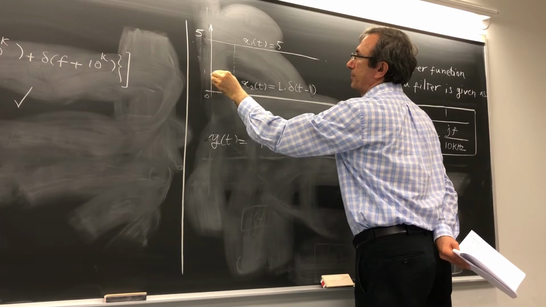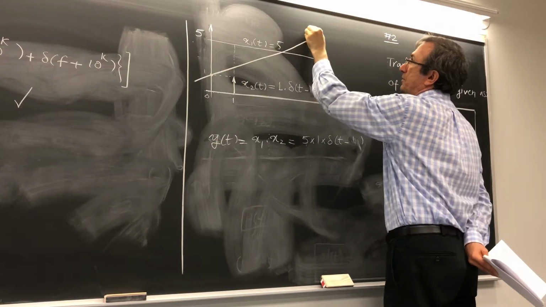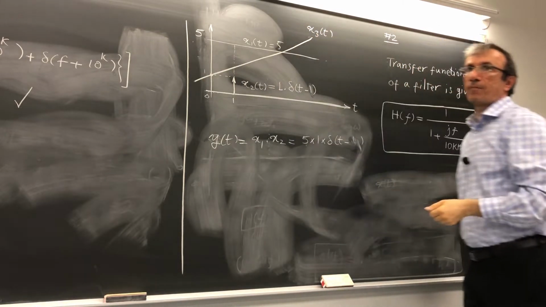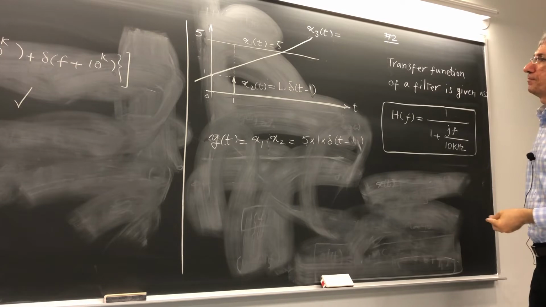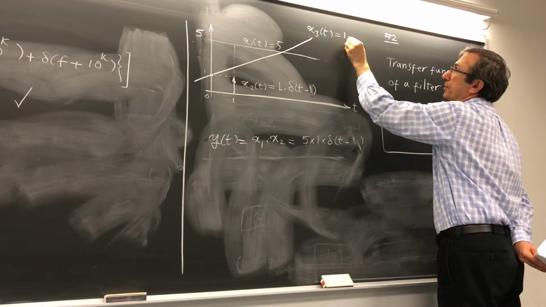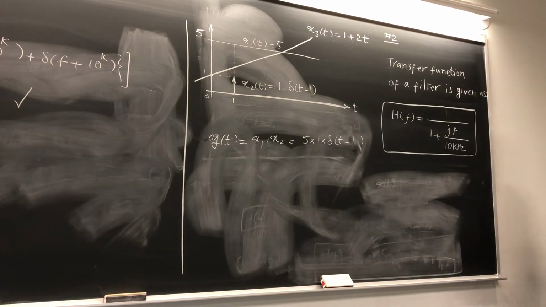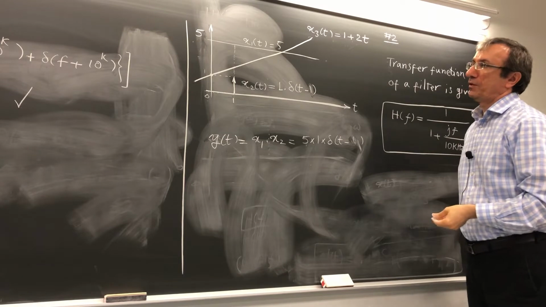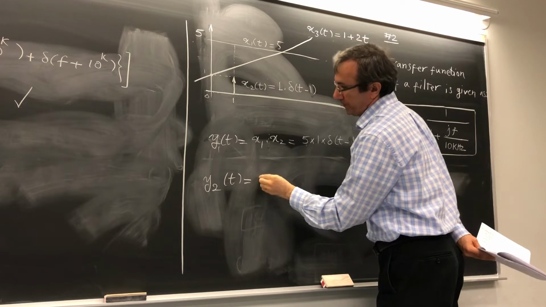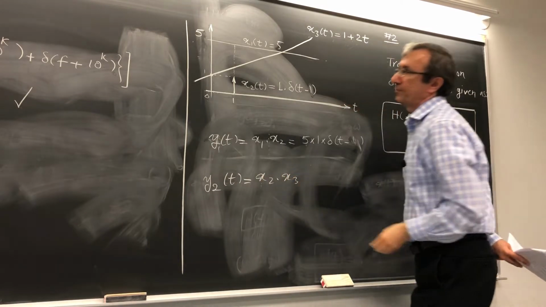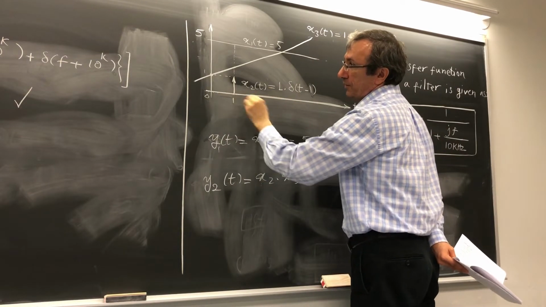Now let's consider x3 of t, which is, for instance, 1 plus 2t. Just a given function. Now the product of x2 times x3 is again 0 everywhere, but at t equals 1.